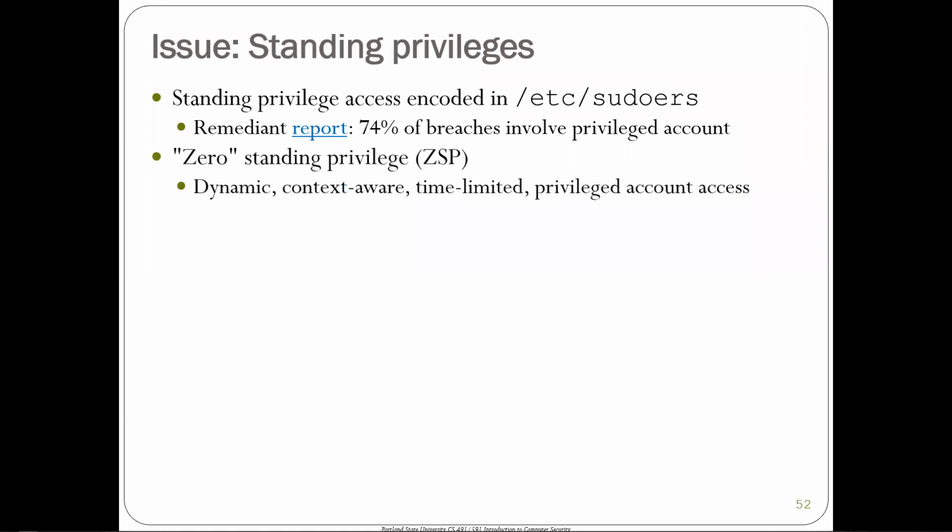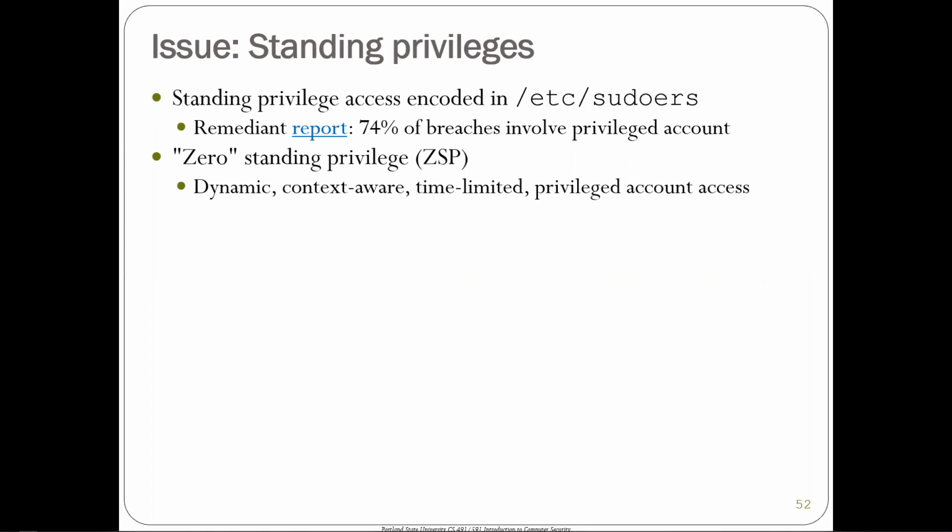And so people are talking about, and this is within the last year or two, an idea of zero standing privilege, where you're going to take all the privileges out of all your endpoints and then dynamically issue them back on demand. So this is a dynamic, context-aware, time-limited privilege activation for an endpoint.